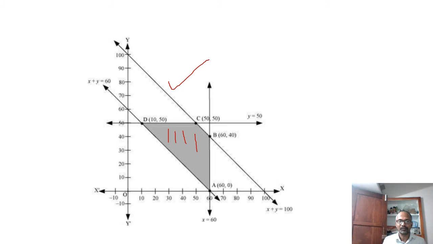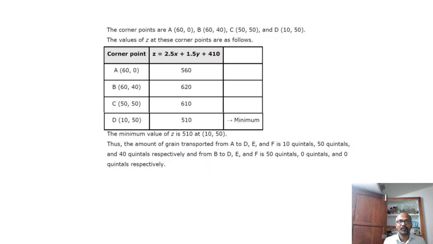What we need to do is the regular procedure. We will mark all the corner points. These are the corner points. This is another corner point, another corner point, 4 corner points are there. And we have to make a table with the corner points and then the cost. Corner points are A (60, 0), B (60, 40), C (50, 50), D (10, 50), and you have the objective function, and you calculate by giving the values of x and y.